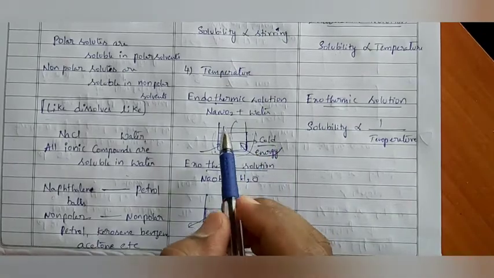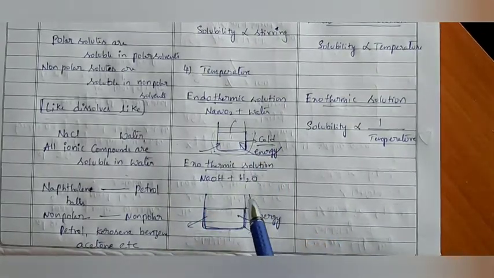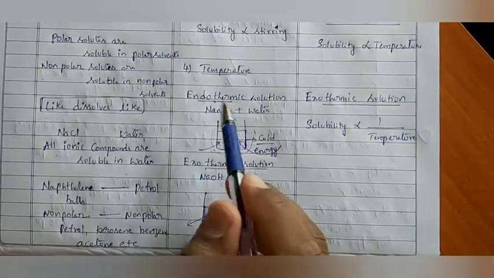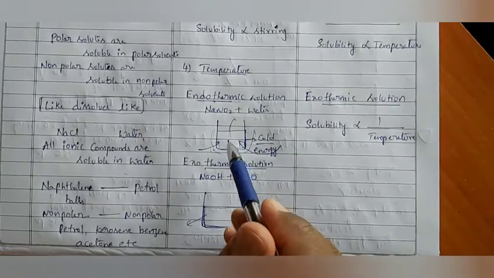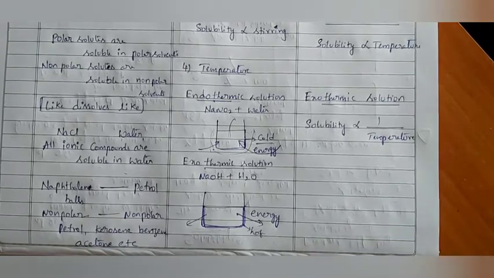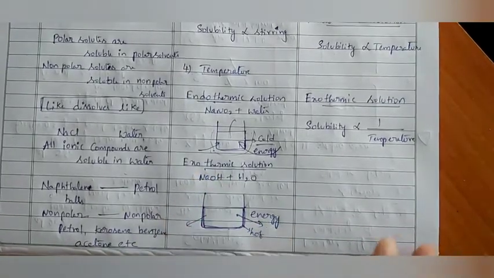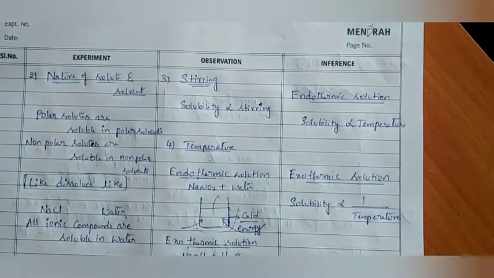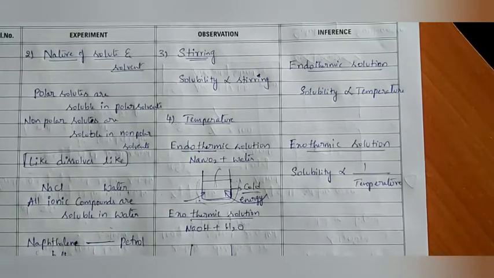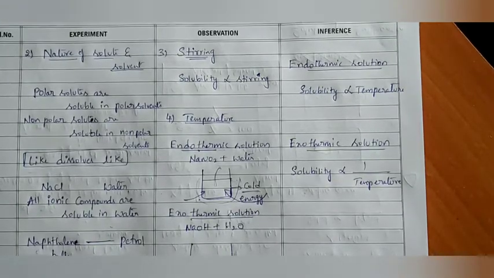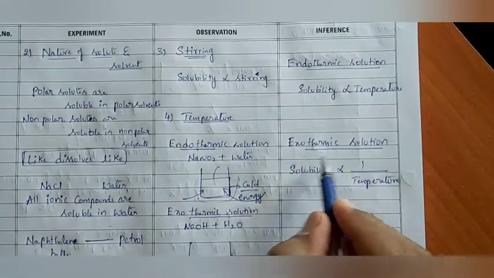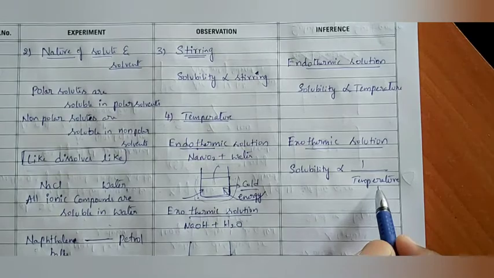Depending on energy absorbed and energy released, solutions are classified into endothermic solution and exothermic solution. The solution formed by the absorption of energy is called endothermic, and the solution formed by the releasing of energy is called exothermic. For endothermic solution, if you increase temperature, solubility also increases, because it wants energy from outside. So solubility is directly proportional to temperature. For exothermic solution, solubility is inversely proportional to temperature.